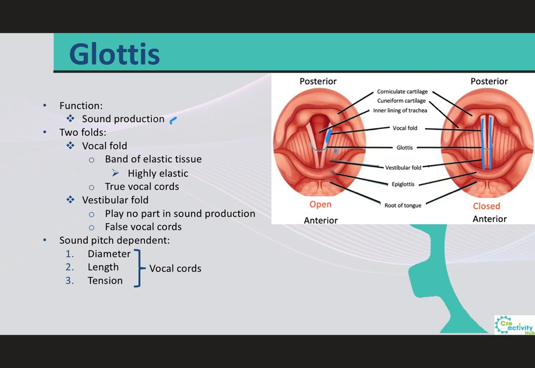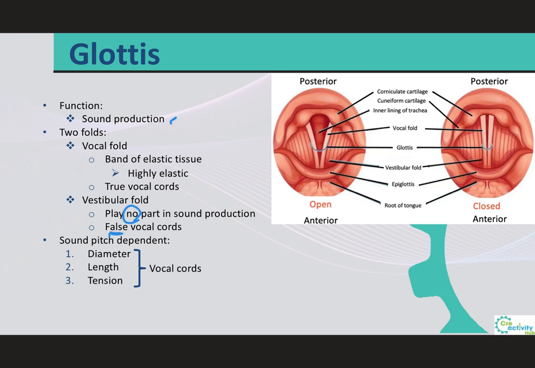And these vocal folds are the ones that will vibrate and produce the sound. And this is why they're known as true vocal cords. And because the vestibular fold plays no part in sound production, then they're called the false vocal cords.